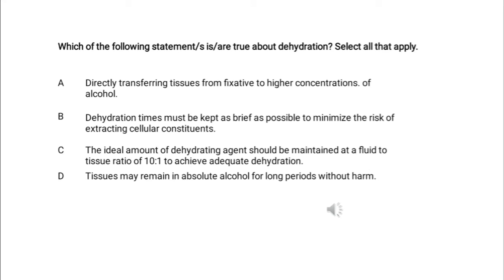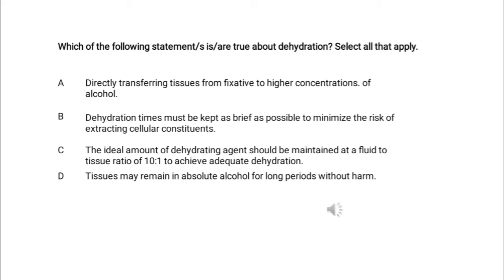Then the third statement, the ideal amount of dehydrating agent should be maintained at a fluid to tissue ratio of 10:1 to achieve adequate dehydration. So this is true. What is important is that there is more of the fluid to prevent it from getting saturated with tissue fluids and impurities before completion of the process at hand.